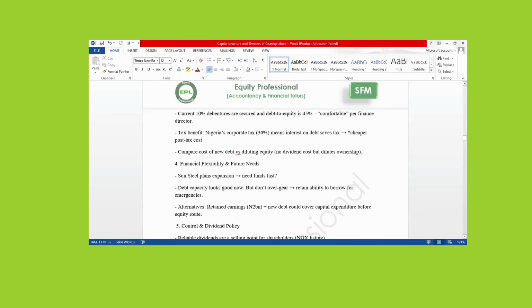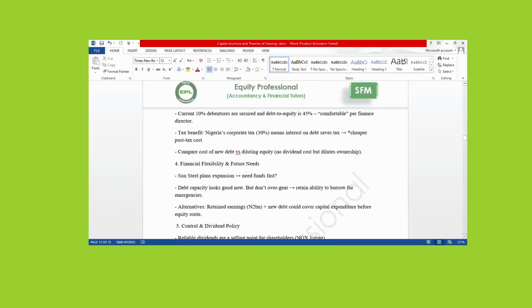What we are saying is Sun Steel should not exhaust its borrowing limits. Some level of borrowing, some credit line should be retained for emergency use.